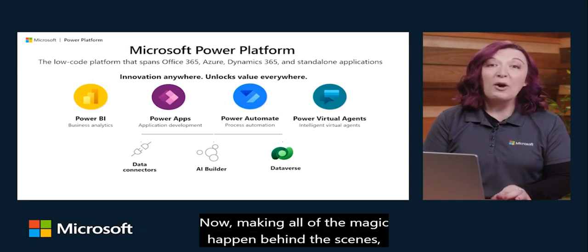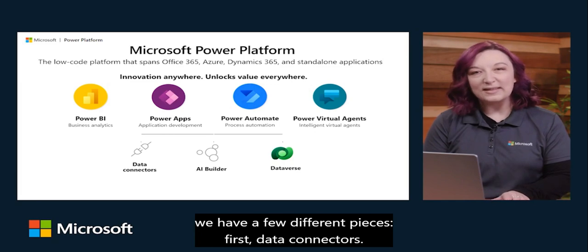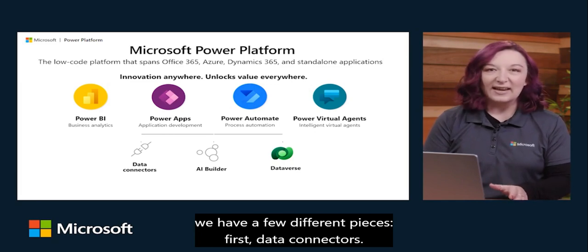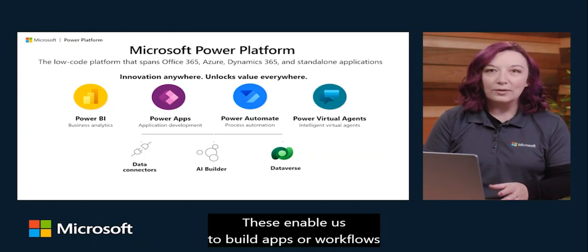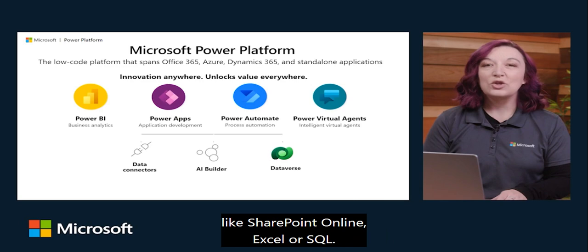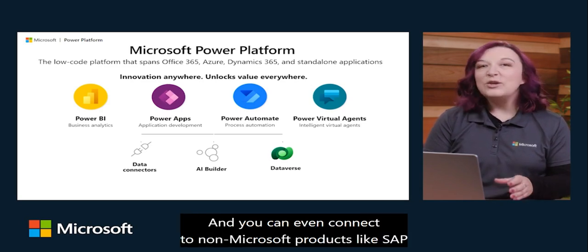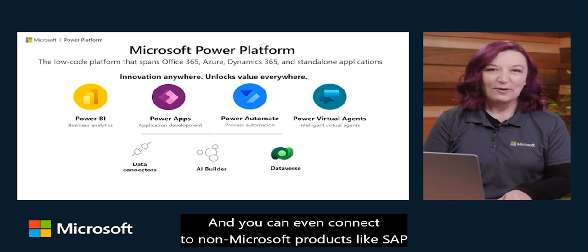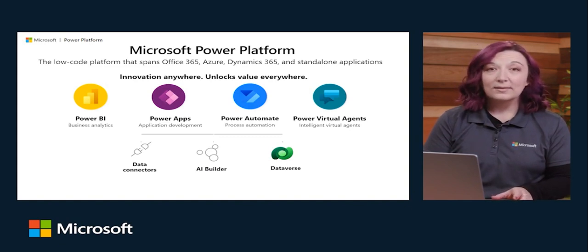Now, making all of the magic happen behind the scenes, we have a few different pieces. First, data connectors. These enable us to build apps or workflows on almost anything on the web, or Microsoft products like SharePoint Online, Excel, or SQL. And you can even connect to non-Microsoft products like SAP or Salesforce or Dropbox.